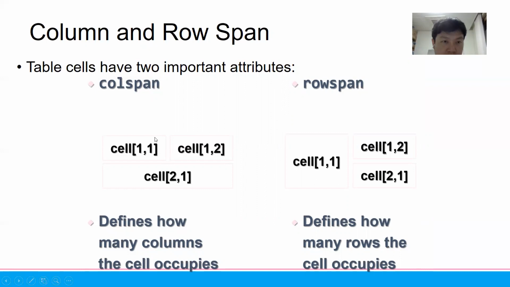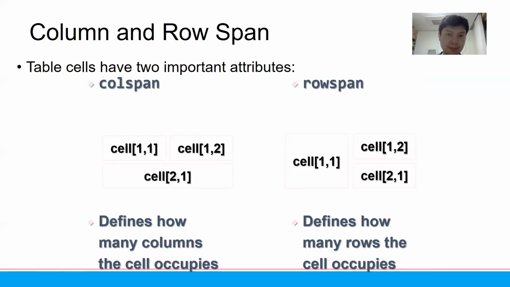For example, I want to make the column merge. Originally there are two columns, but I want to make it as one. So I call this column span equals 2, so the two columns will be joined or merged.